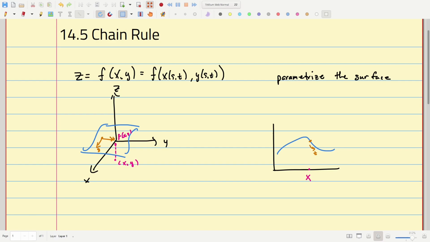Okay, and x and y are going to be called intermediate variables that describe what's going on here.